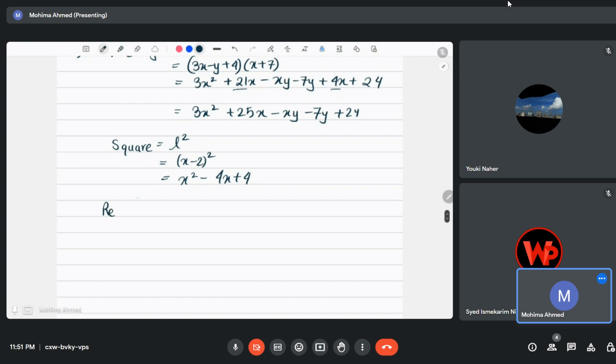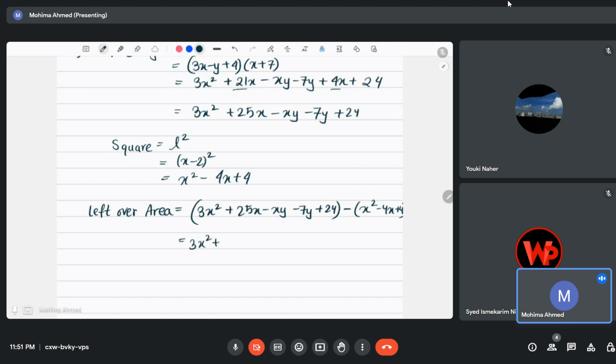So the leftover area should be rectangle minus square. And rectangle is 3x squared plus 25x minus xy minus 7y plus 24. This entire expression will be in a minus format with x squared minus 4x plus 4.